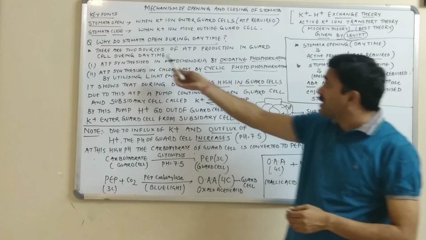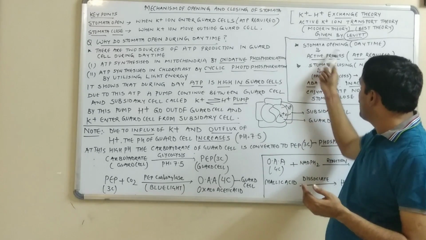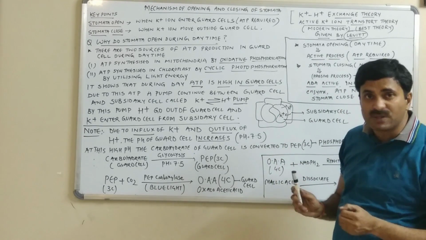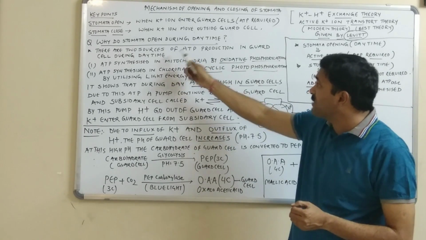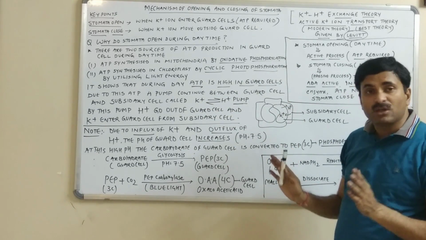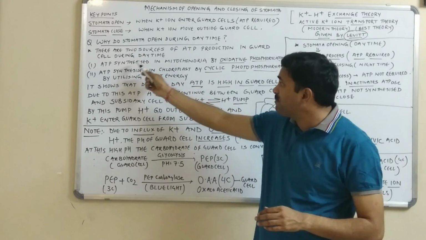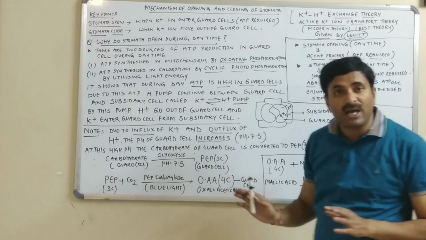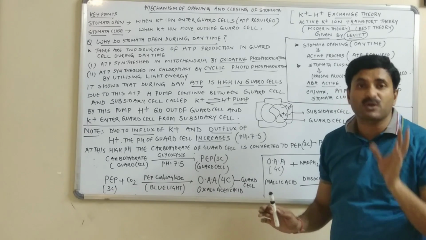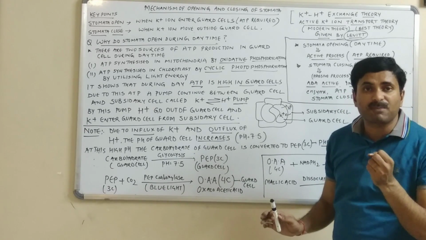Now see here, there are two sources of ATP production. As we know very well, for stomatal opening ATP is required because it is an active process. So during the daytime there are two sources of ATP production in the guard cells. Number one, ATP is synthesized in the mitochondria by oxidative phosphorylation, the production of ATP in the presence of oxygen.